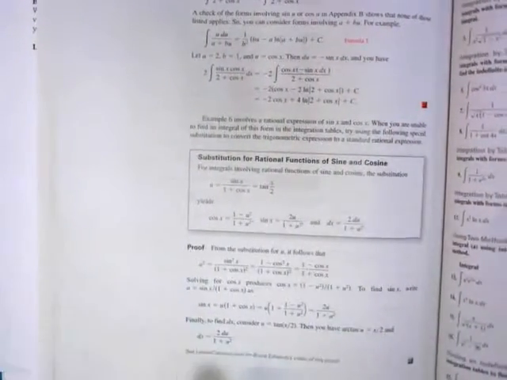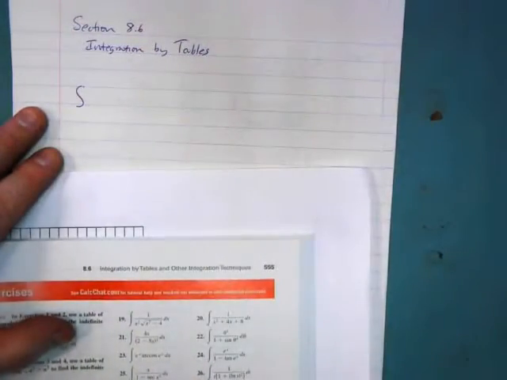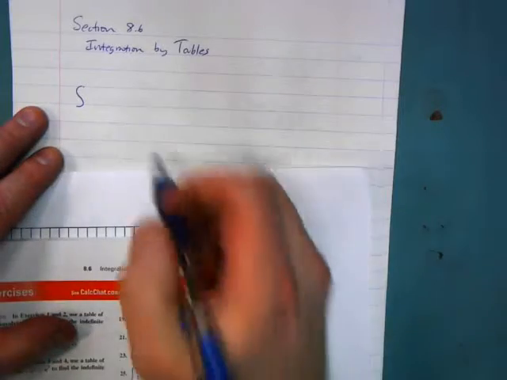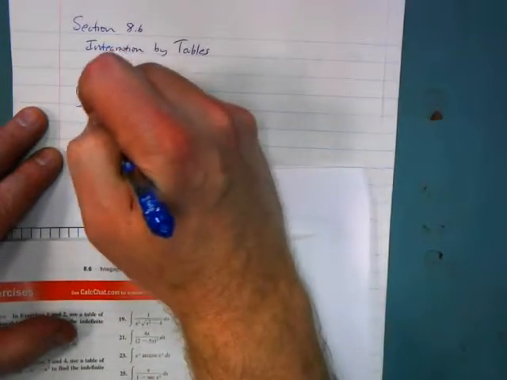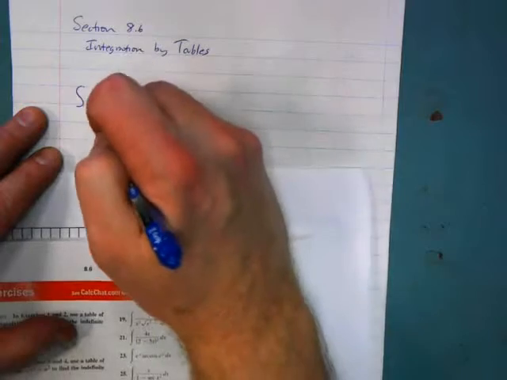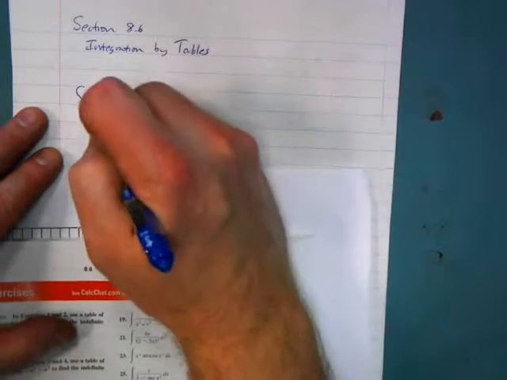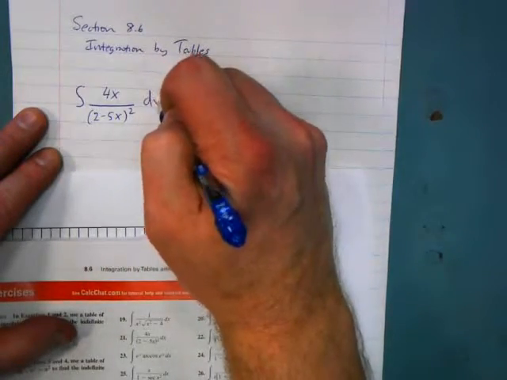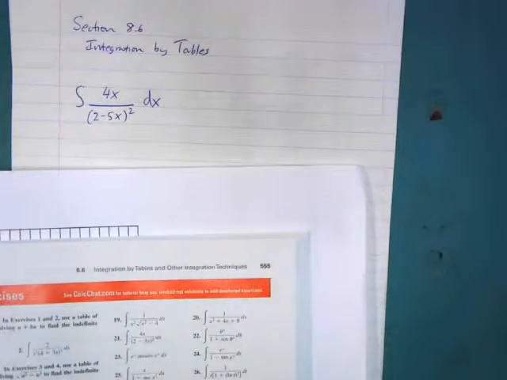All right, so let's see how this is going to work. Let's pick one of these problems here. The integral of 4x over 2 minus 5x squared dx.